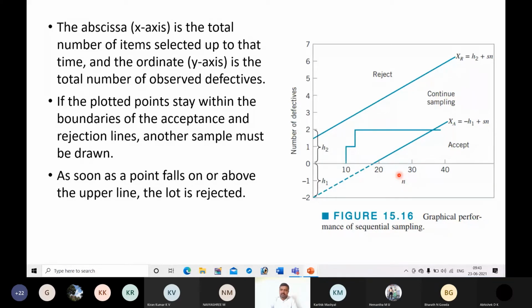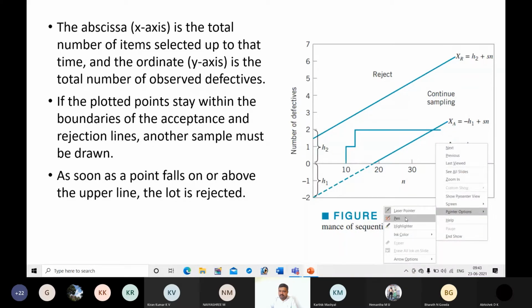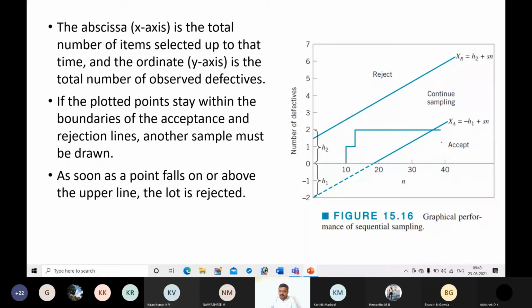So we should continue taking samples when the points fall above the acceptance line and below the rejection line. Here you can see at the end, the point is lying below this line. If you consider this location, it is below the acceptance line.